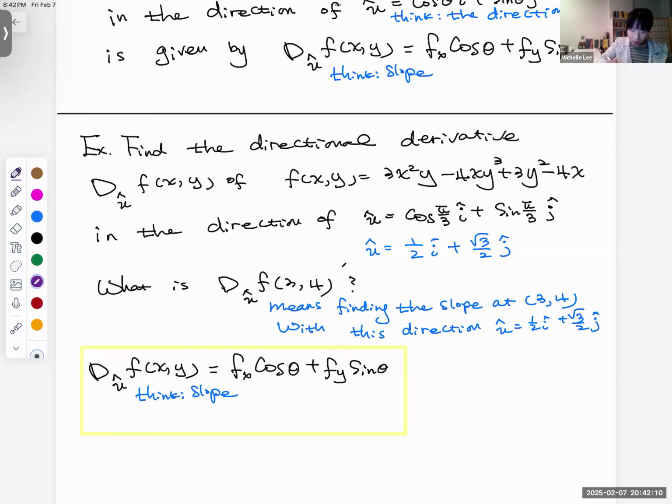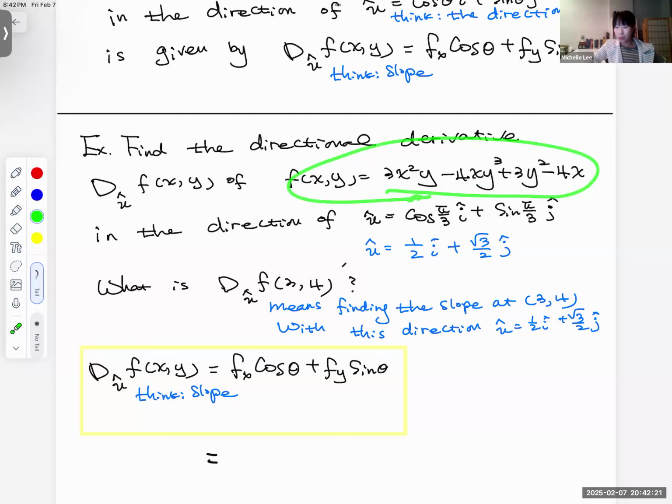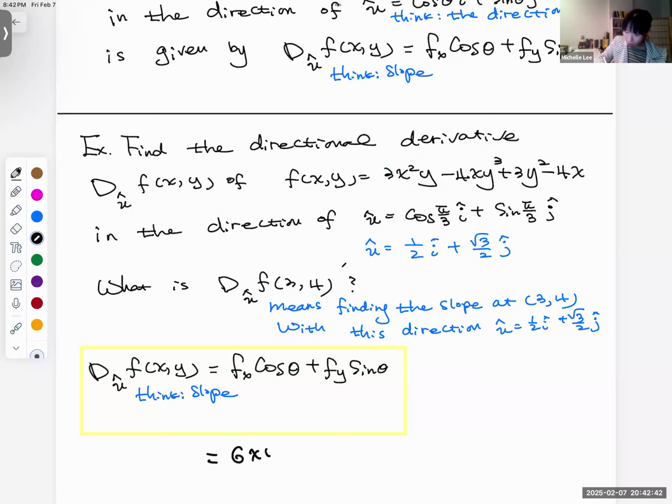All right, then partial derivative with respect to x. Let's do that. We're looking at this equation, partial derivative with respect to x. That means we treat y as a constant, so we keep the y, 3y, and the derivative of x squared drops to 2, so 6xy times cosine pi over 3.